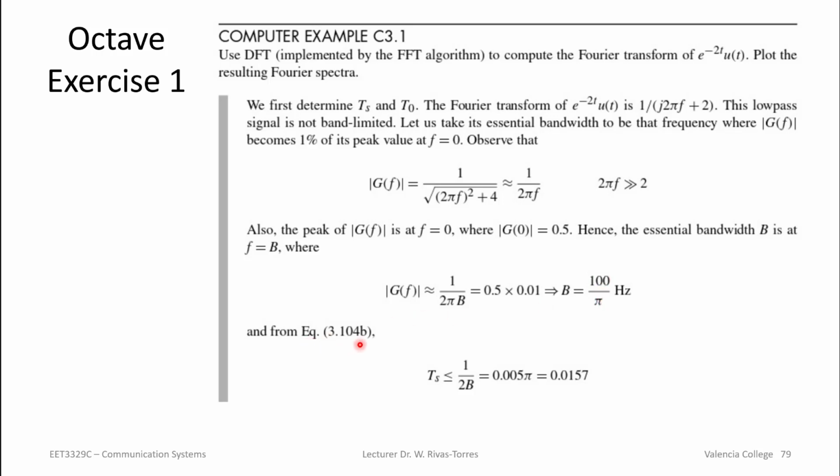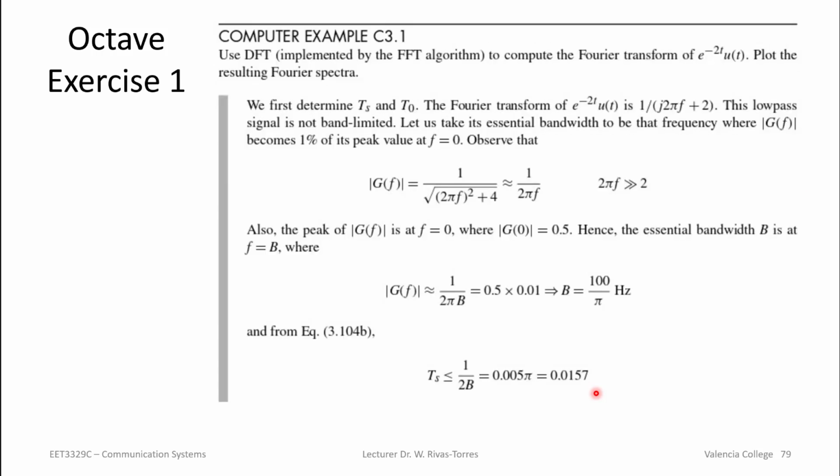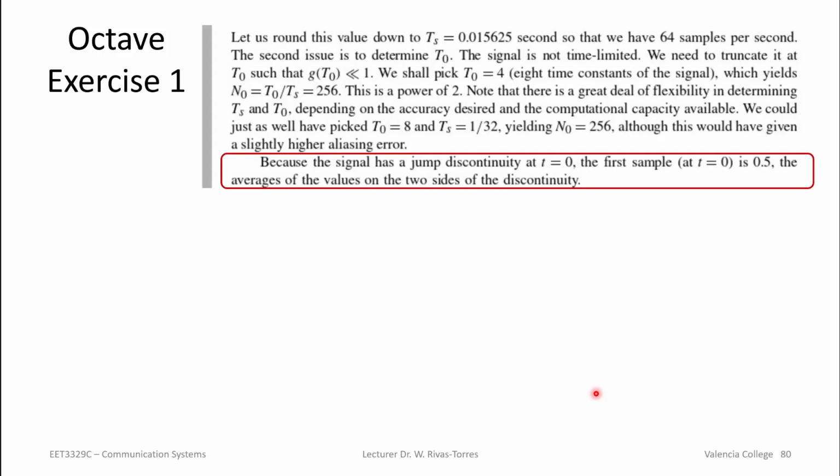Now, we said that we want the sampling time to be less than or equal to 1 over 2b. So it ends up being 0.005 pi, which is 0.0157. So now we know our TS. However, in this example, the authors say, well, why don't we round this down to a smaller number? Remember, when it comes to sampling, smaller is always better.